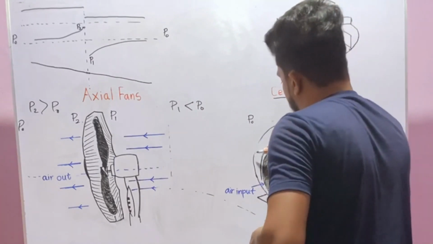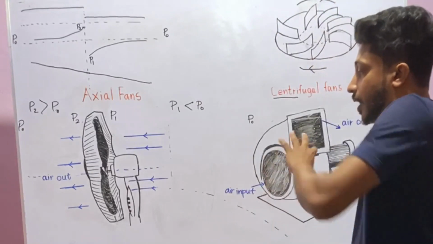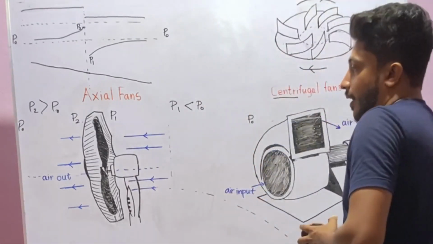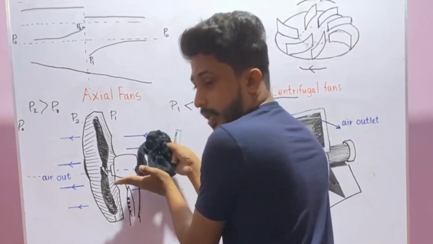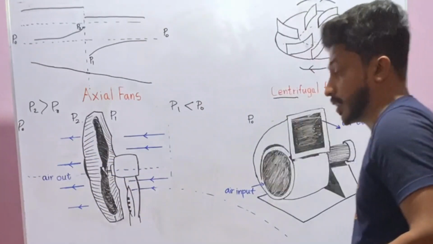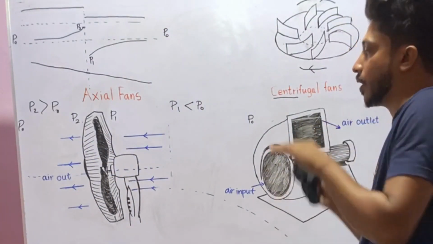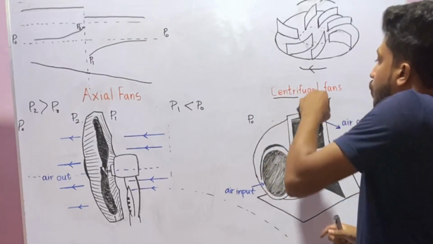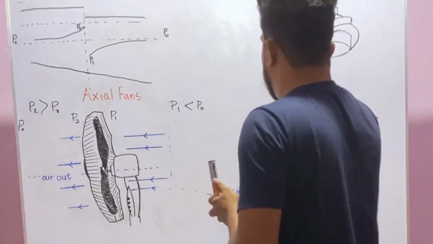In centrifugal fans, air is turned by 90 degrees, but in an axial fan they take airflow like this and deliver like this, no turn. But here there is a turn in the airflow compared to the inflow and the outflow. So that turn is due to the centrifugal force that I mentioned earlier.